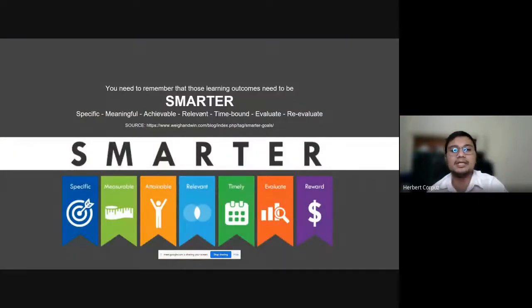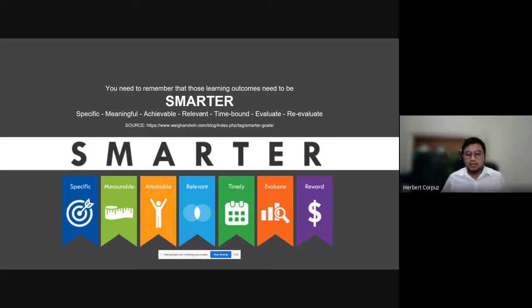Now, please take note that when we write, this is where Jude's question comes in, our learning outcomes, they have to be SMARTER. Right? We said before that learning objectives have to be SMART.